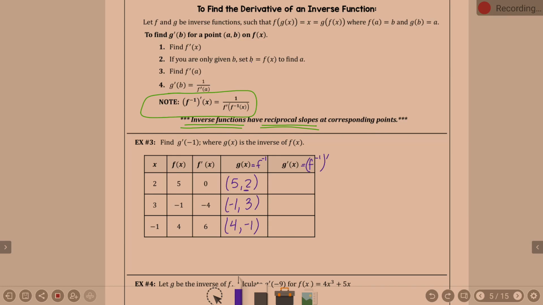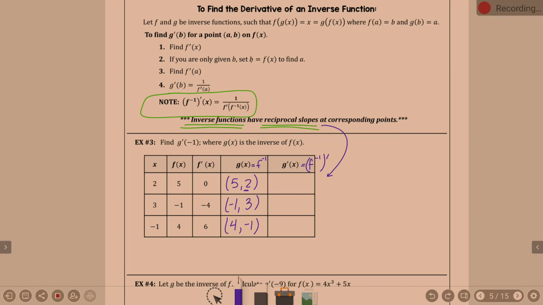There's a key fact up above: inverse functions have reciprocal slopes at corresponding points. We're looking for the derivative or the slope of the inverse. What were we given in this third column? We were given the slopes of the original function.